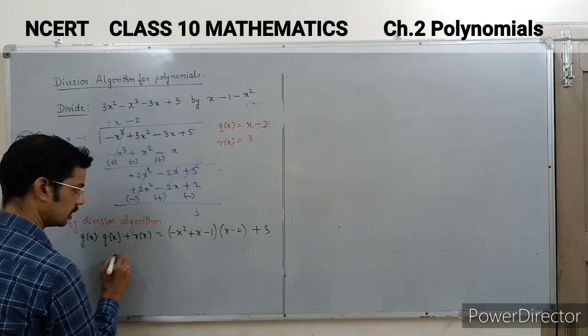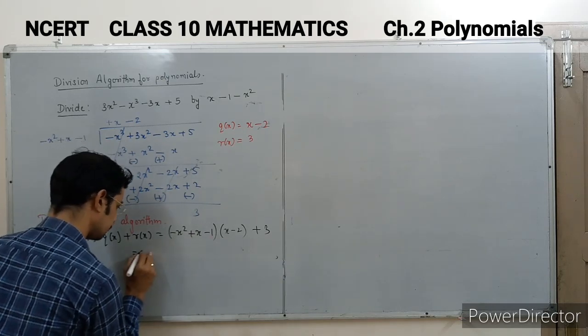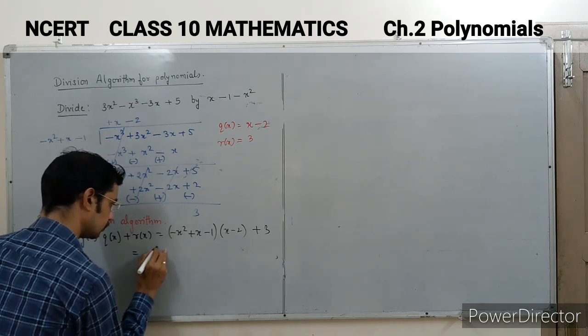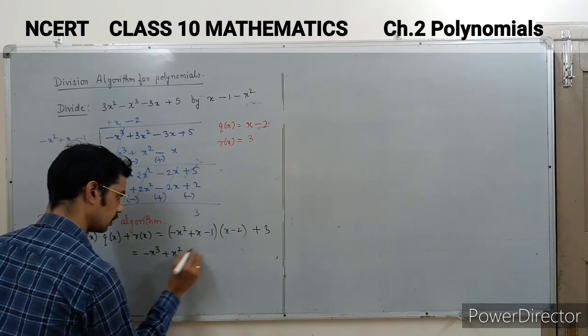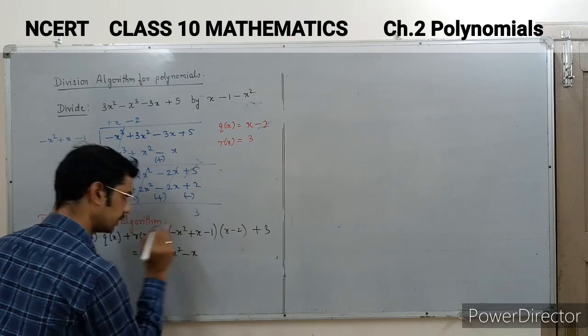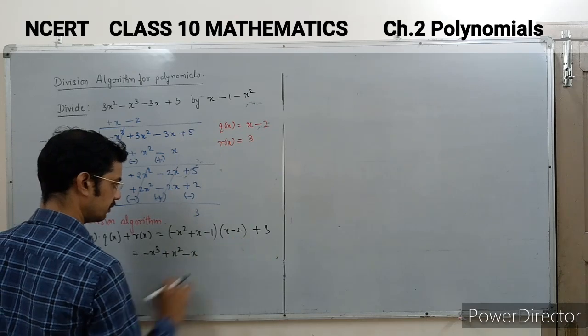So let me write it down here so that I can get some space here. So this is minus x square into x is minus x raised to 3, x into x is plus x square. This will give you minus x. Okay, so this all three multiplied with x. Now all three will be multiplied with minus 2.